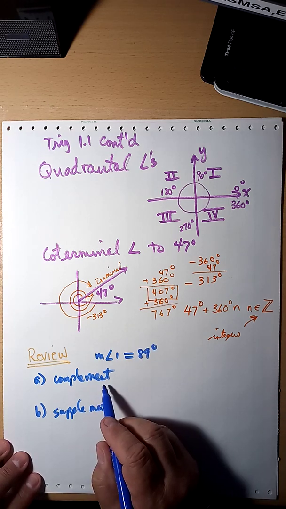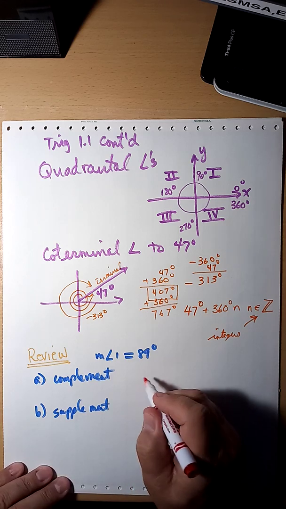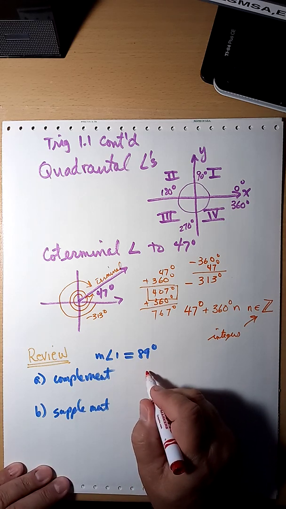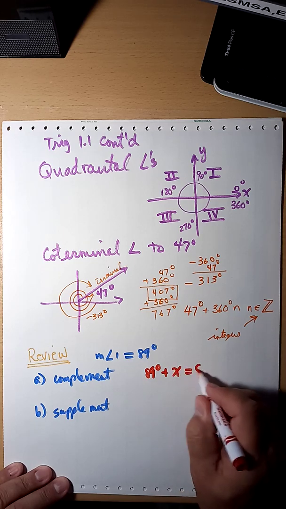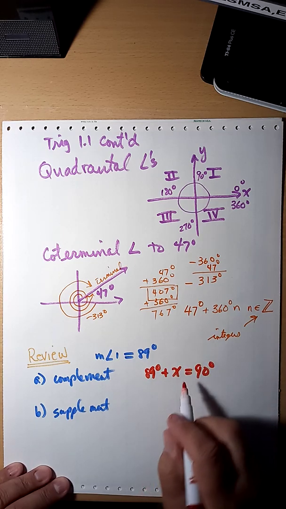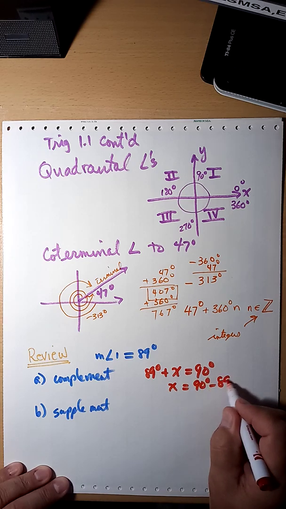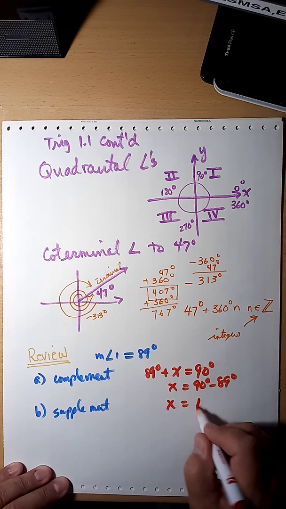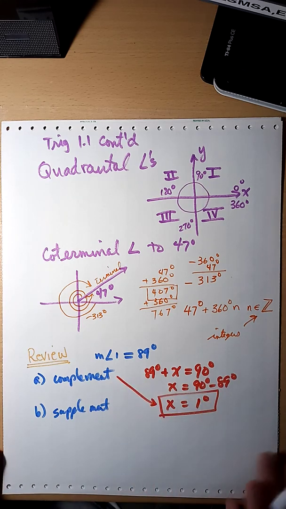What would the complement be? Well, 89 degrees plus some angle has got to equal 90 degrees, right? So x would be 90 minus 89, where x is equal to 1 degree. So the complement is 1 degree.